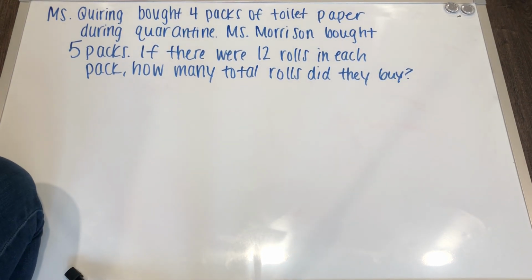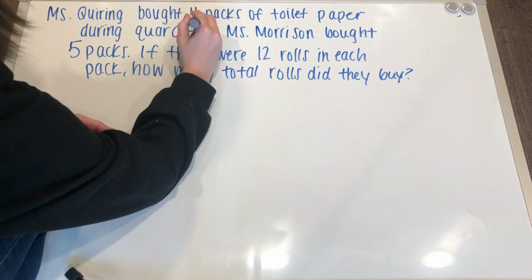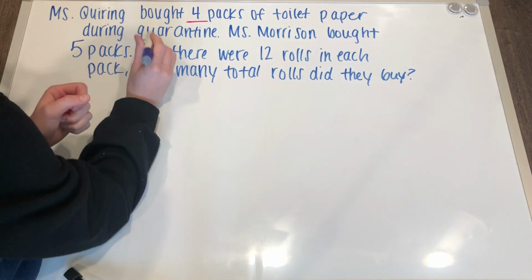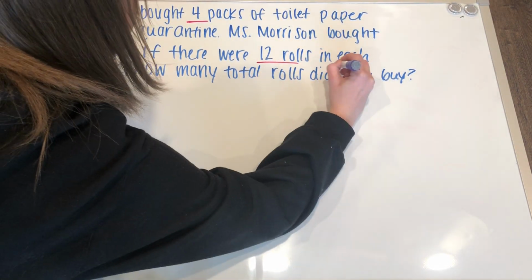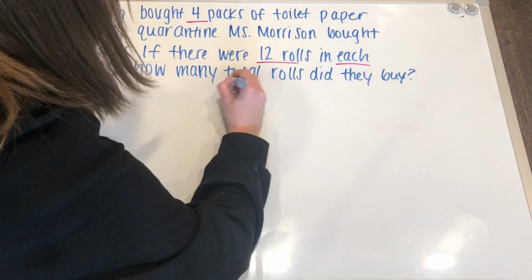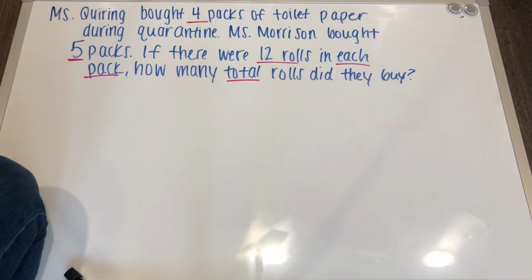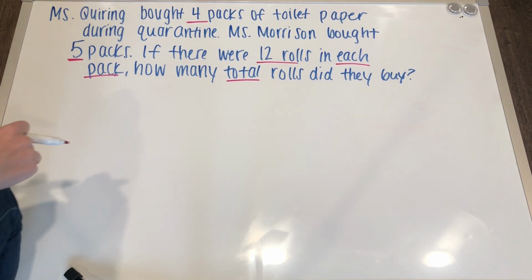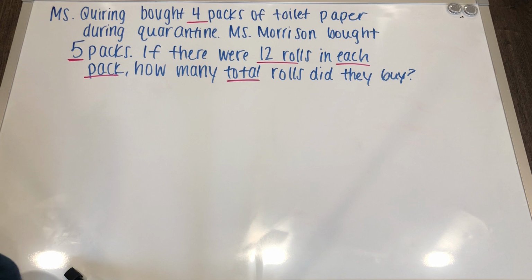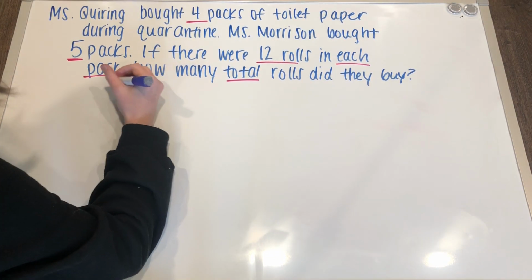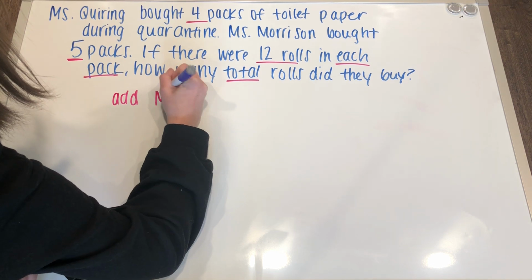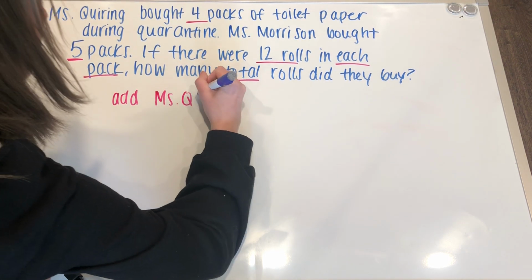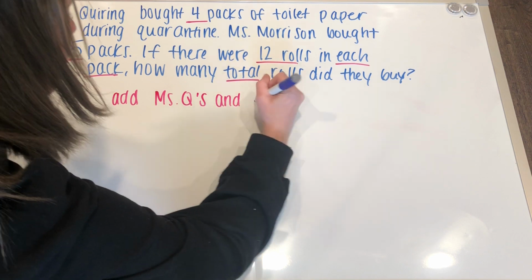Okay, so obviously what's important is that I bought 4 packs of toilet paper, Miss Morrison bought 5, and there are 12 rolls in each pack. And then we're trying to find the total amount of rolls, okay? So the first thing that we can do is add Miss Q's packs and Miss Morrison's packs.